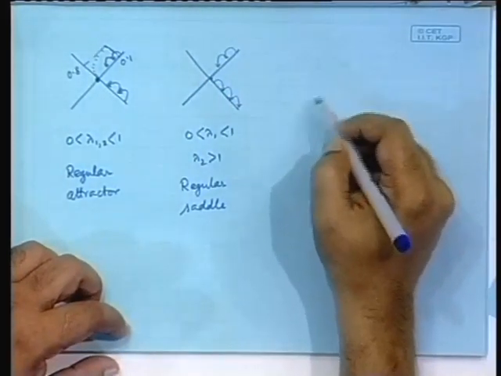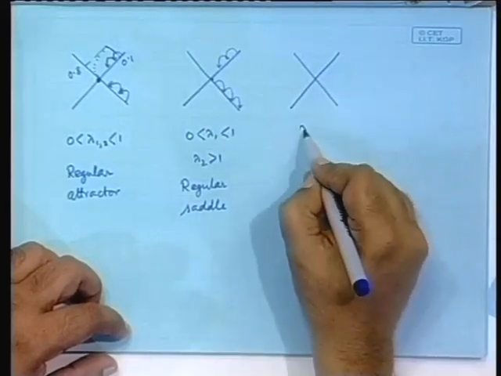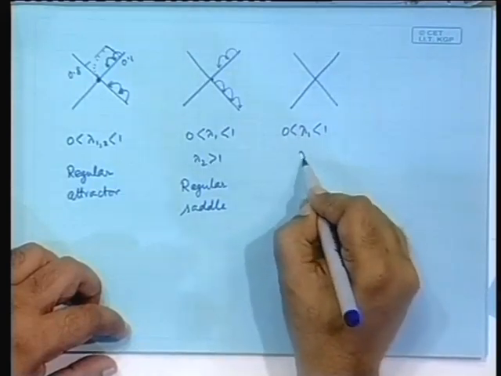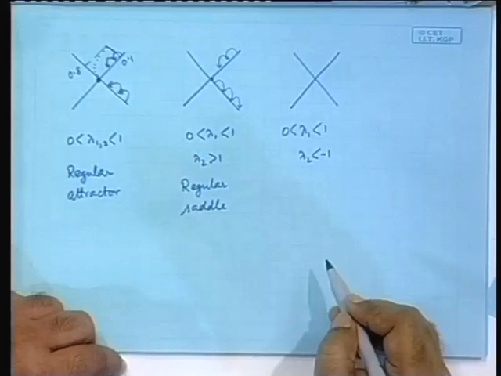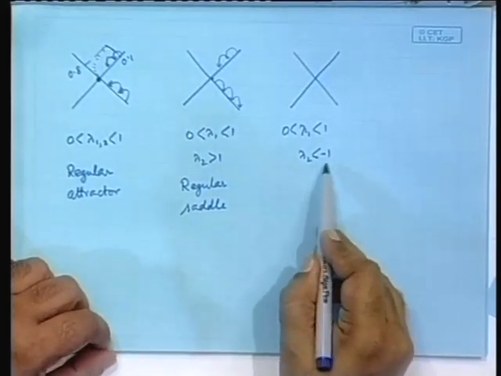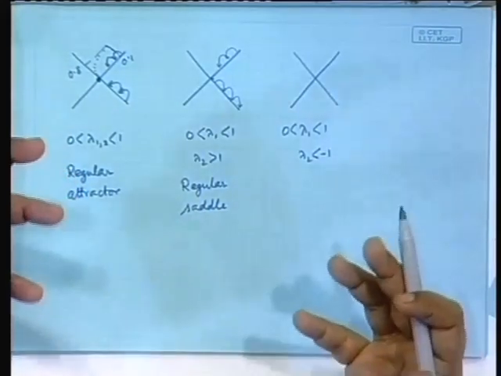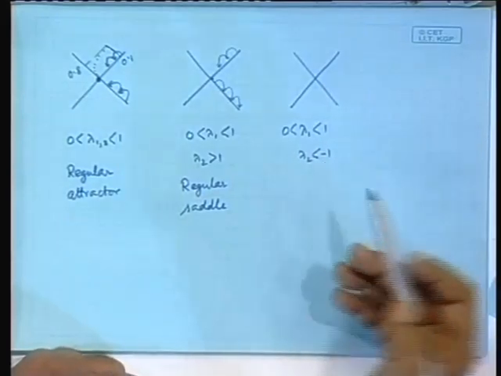Next, what if you have one eigenvalue between 0 and 1 and the other less than minus 1, then it is a flip saddle, because this is less than minus 1, its magnitude is greater than unity. So this is saddle and this is negative, therefore flip.